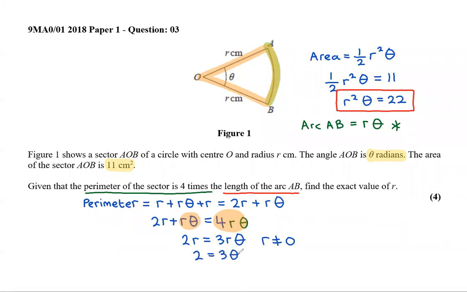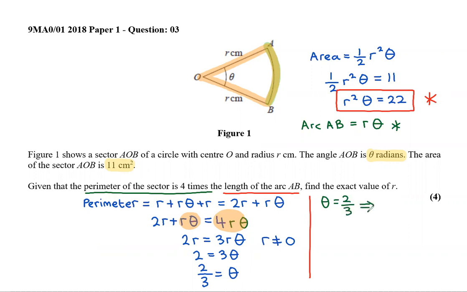And dividing by 3, we get theta is equal to 2/3. Great. So we can now substitute theta equals 2/3 into our equation up here. So let's do that.